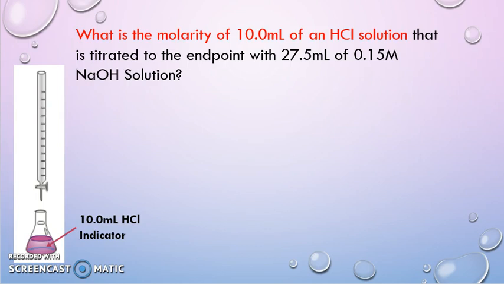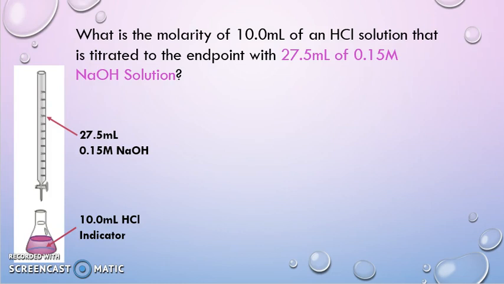The second thing I notice about this problem is that we're titrating it against 27.5 milliliters of 0.15 molar NaOH. I know its concentration. That must mean it's the standard solution, and it would go up in the burette. And that's a pretty important thing to know about how to set up a titration.